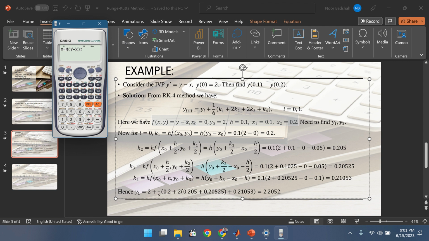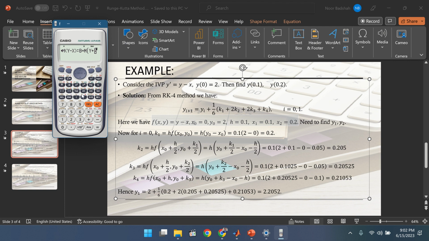Then I'll define b. So my b is equal to again h, so I'll be calling it m multiplied by, now keep in mind I am replacing this x naught plus h by 2 with something else. So I'll have y plus k1 by 2. This is my y, and then I'll use this fraction just to use the minimum amount of space.